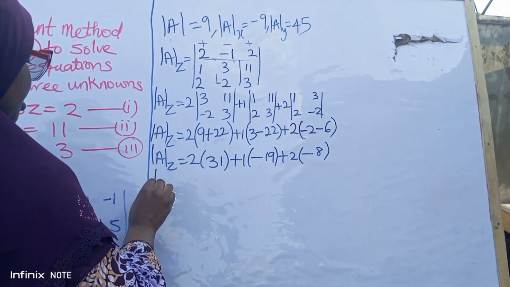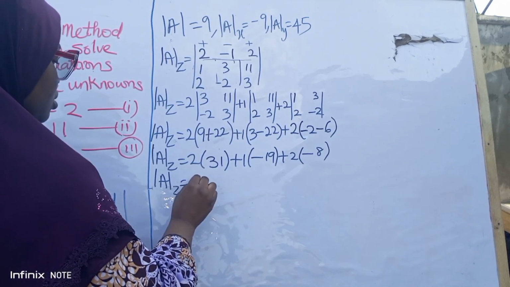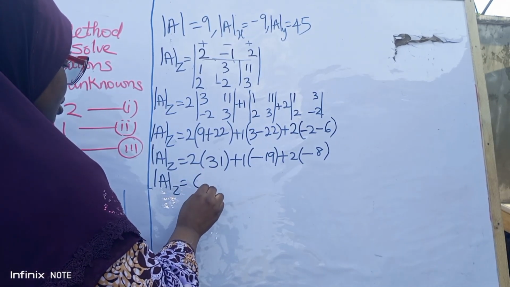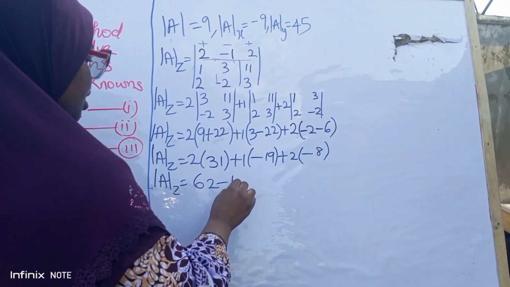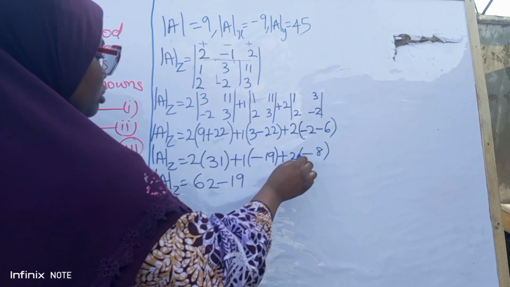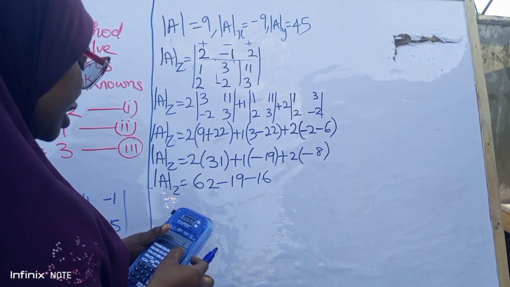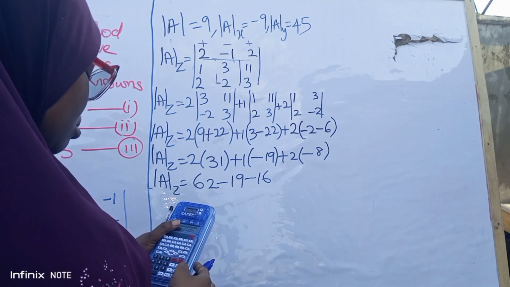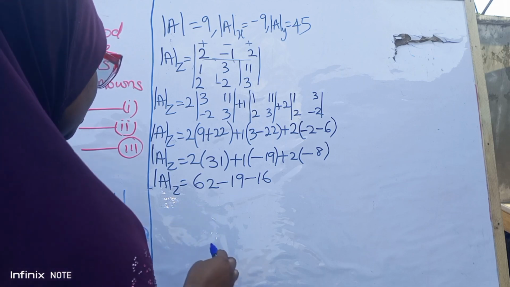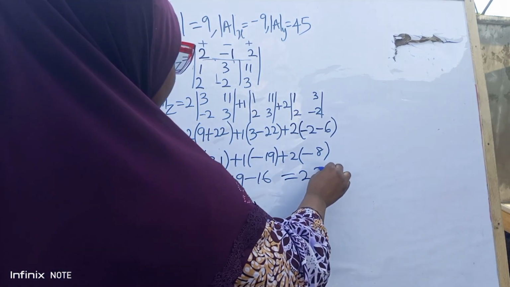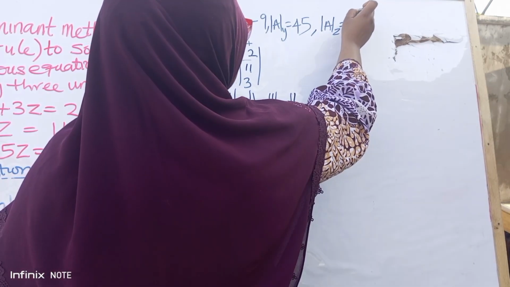So from here, determinant of A subscript Z is equal to 2 multiplied by 31 is 62. Plus 1 multiplied by 19 is minus 19. Plus 2 multiplied by minus 8 is minus 16. So from here, I have 62 minus 19 minus 16 is equal to 27. So I write here, determinant of A subscript Z is equal to 27.